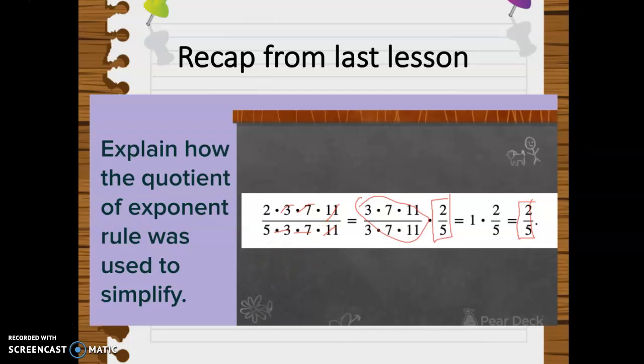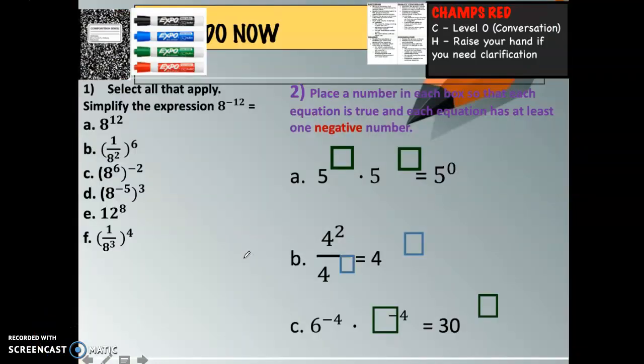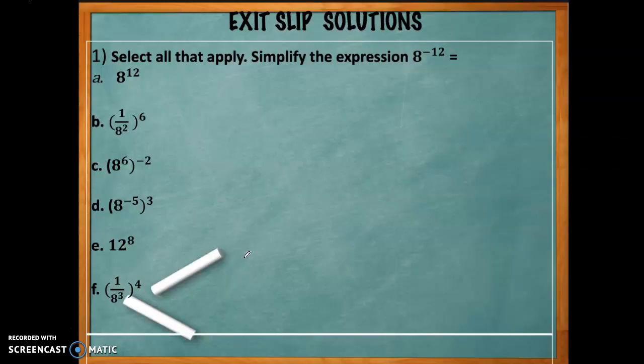Next one, let's go ahead and simplify. Okay, next one. You were given these two problems as an exit slip. We're going to go ahead and analyze each problem. For this one, it says select all that apply, obviously letting us know there's more than one. You're going to simplify the expression as 8 over negative 12. Well, looking at A, it does not apply because 8 to the positive 12 is not the same.